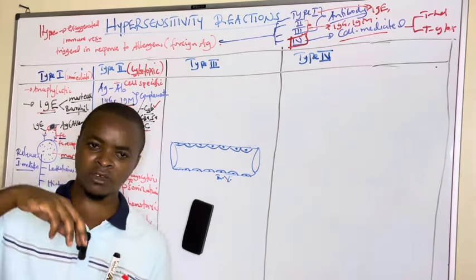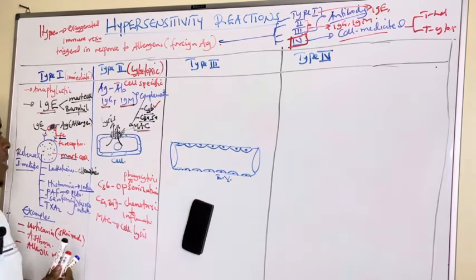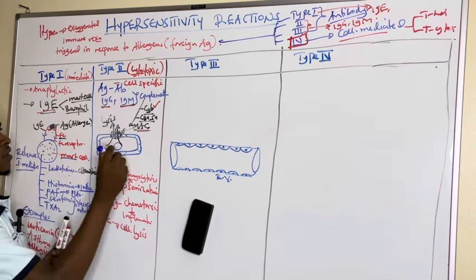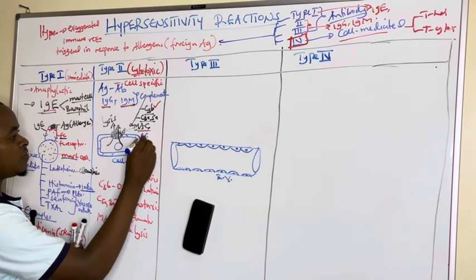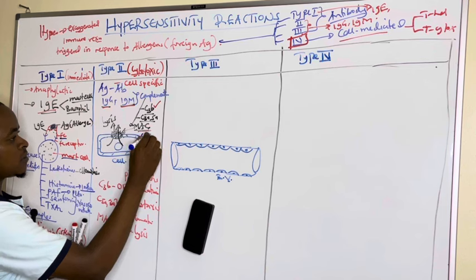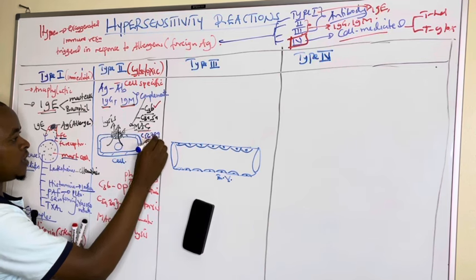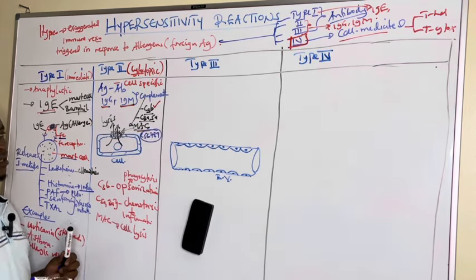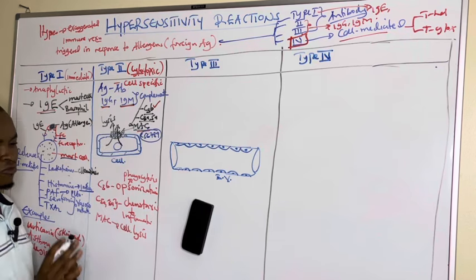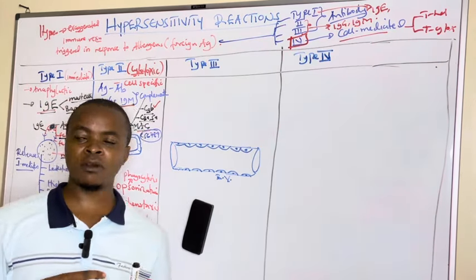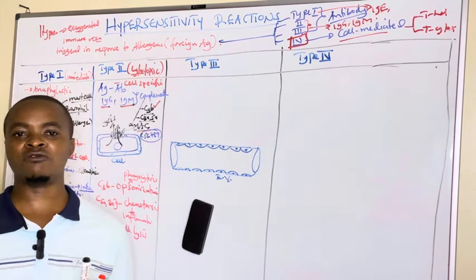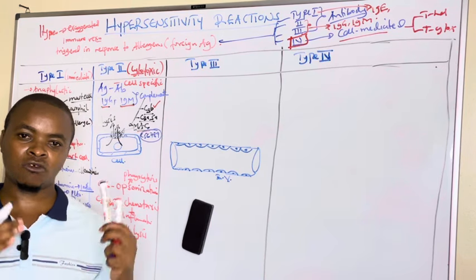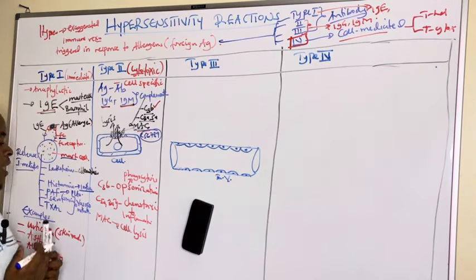And remember, MAC, what we call the membrane attack complex, comprises complement 5, 6, 7, 8, and 9. This is what forms the membrane attack complex, which goes on the surface of the cell membrane and creates pores, leading to leakage of intracellular content, hence cell lysis, or what we call cytolysis.